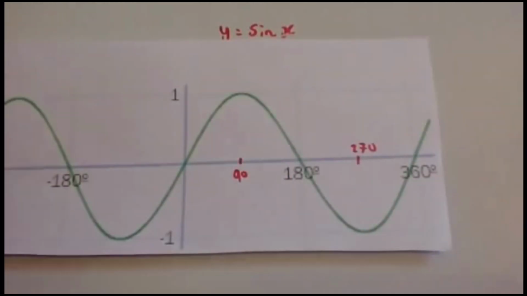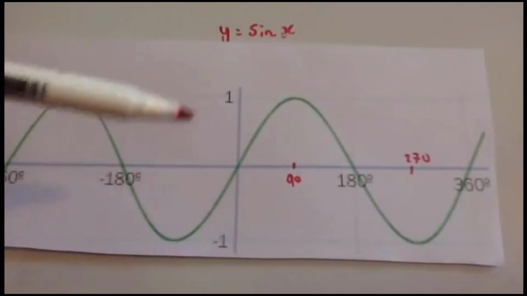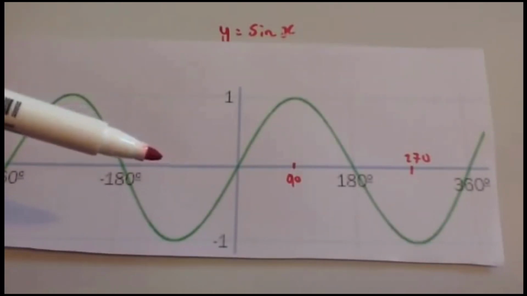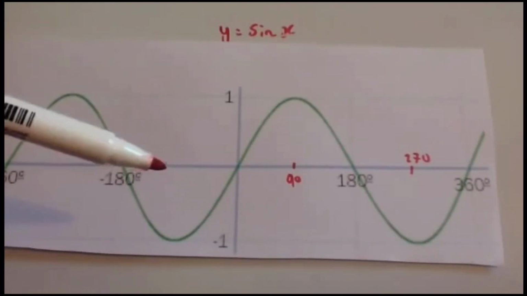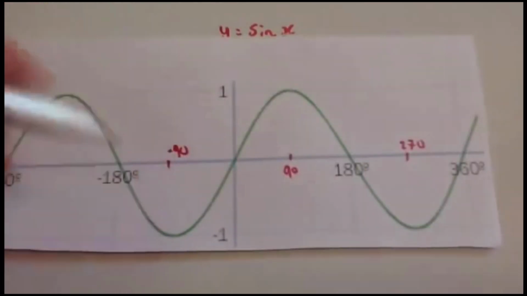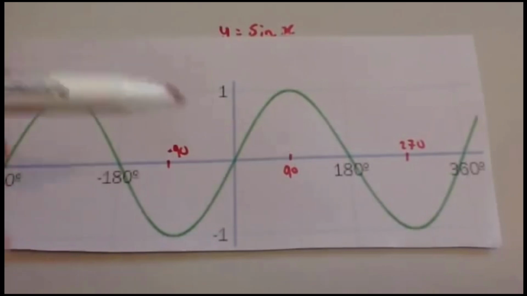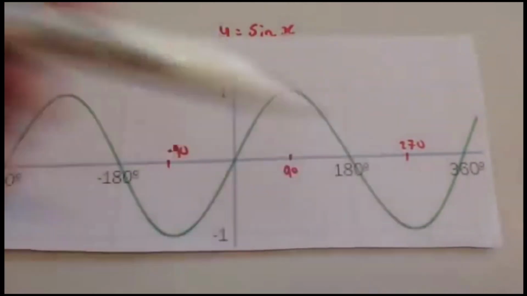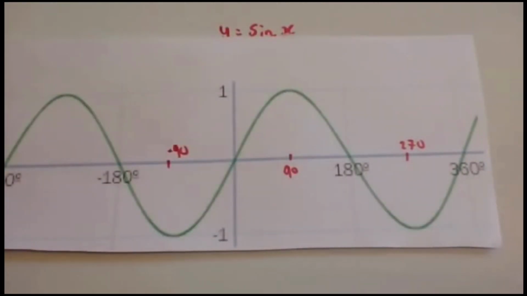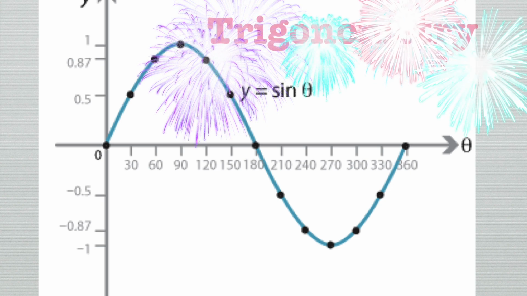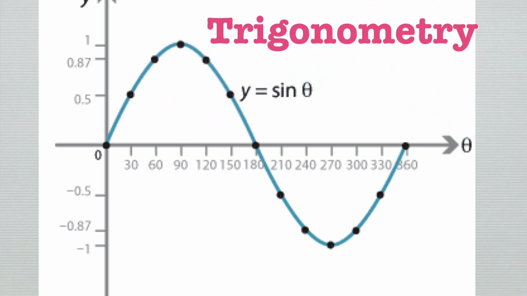It will actually recur and repeat non-stop. For negative angles and positive angles, the shape remains the same. The data keeps repeating, but the S shape keeps recurring. All right, so that is the graph for y equals sine theta, or sine x.